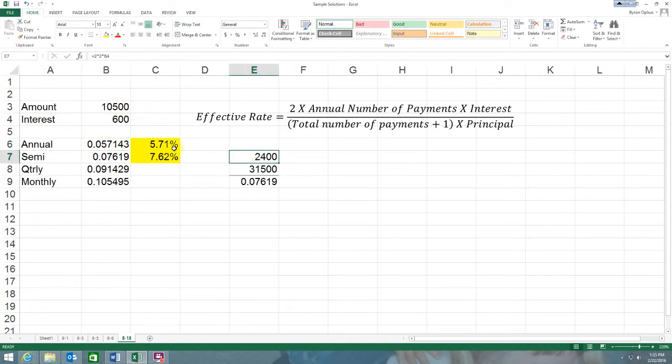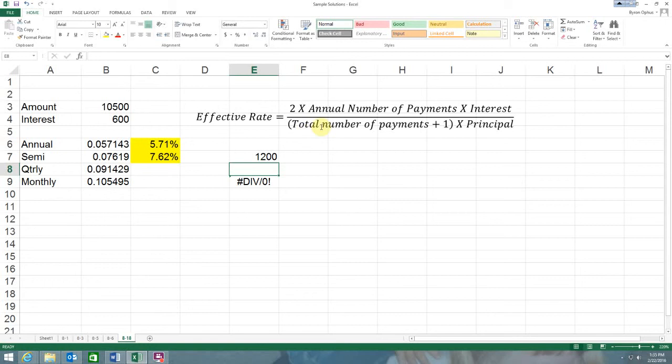So for the annual payment, I have 2 times the annual number of payments. If there's an annual payment, then it's just 2 times 1, which is 2, times the interest. So I get 600. That's the top part of my equation.